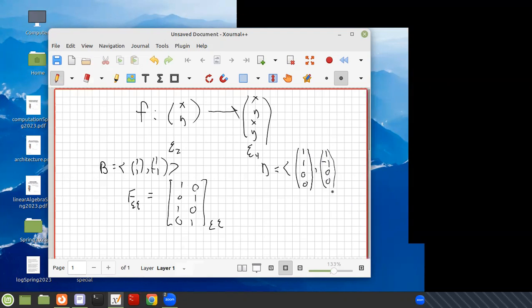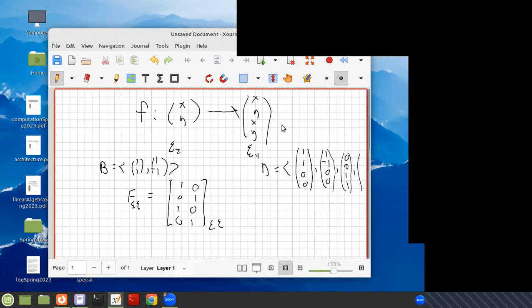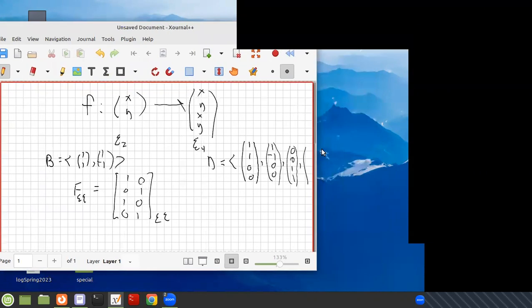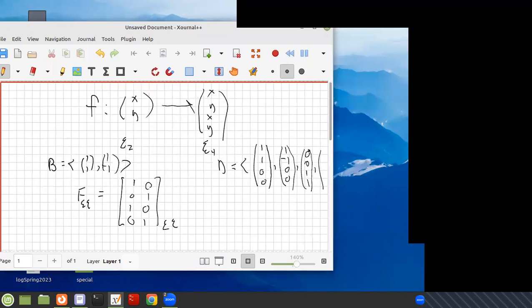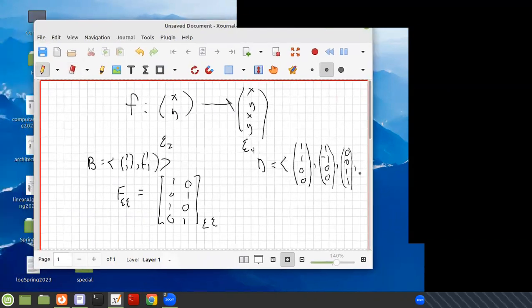I'm just going to draw the same thing, with 0, 0, 1, minus 1.